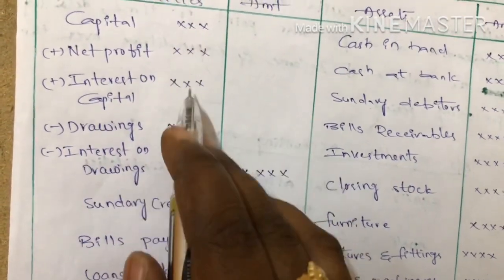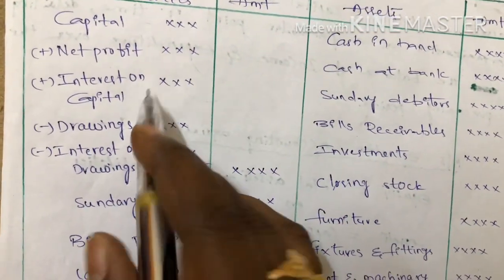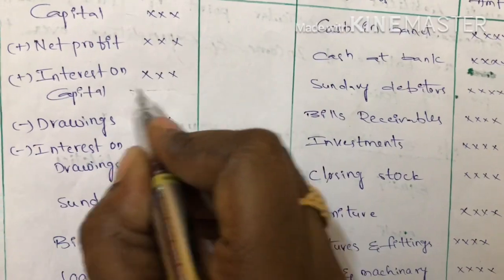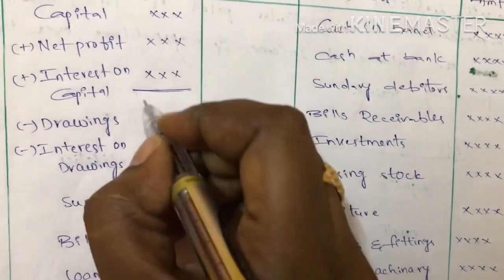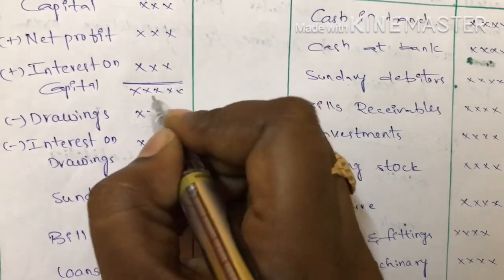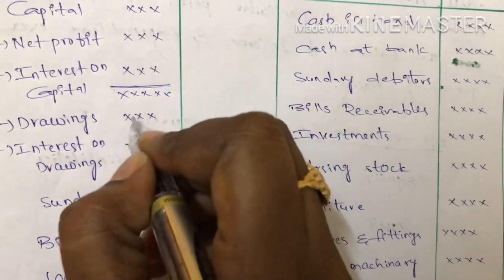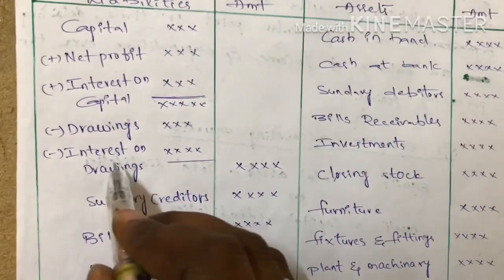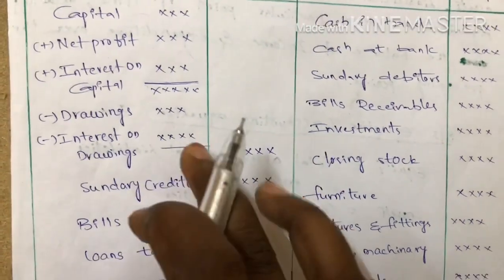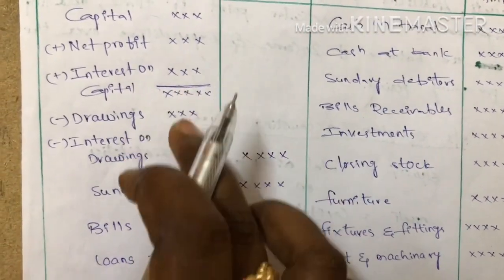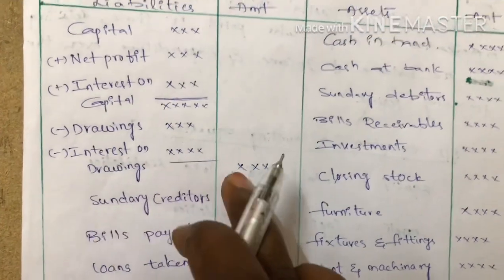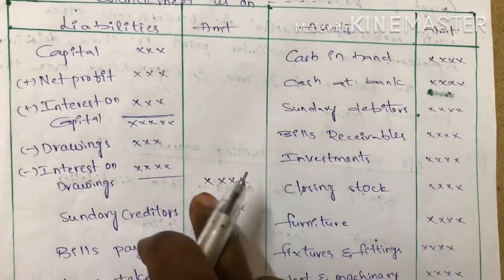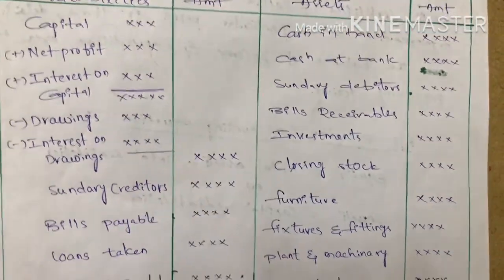These three will be added and the total amount will come here. This amount will be reduced by the drawings and any interest on drawings. After deducting, we write the total amount on the amount side.